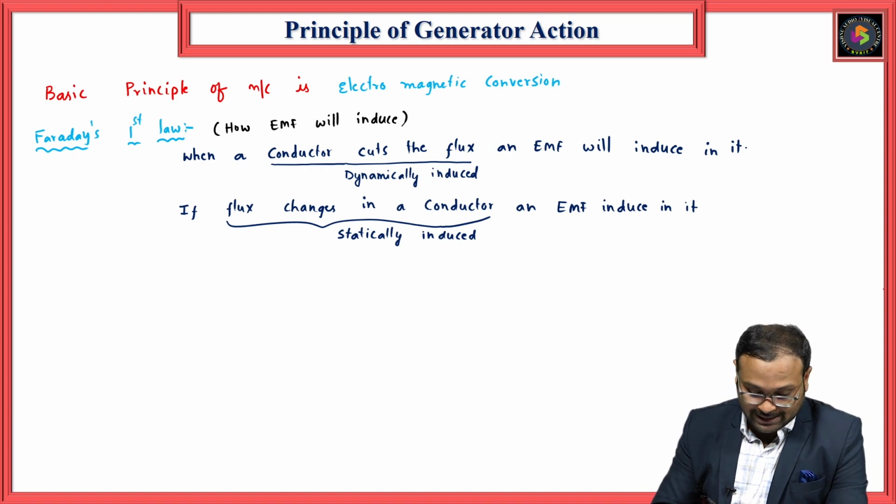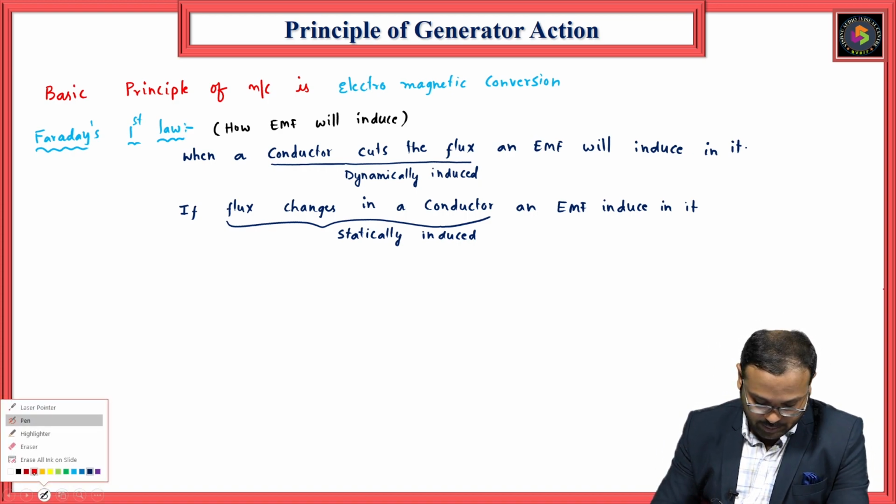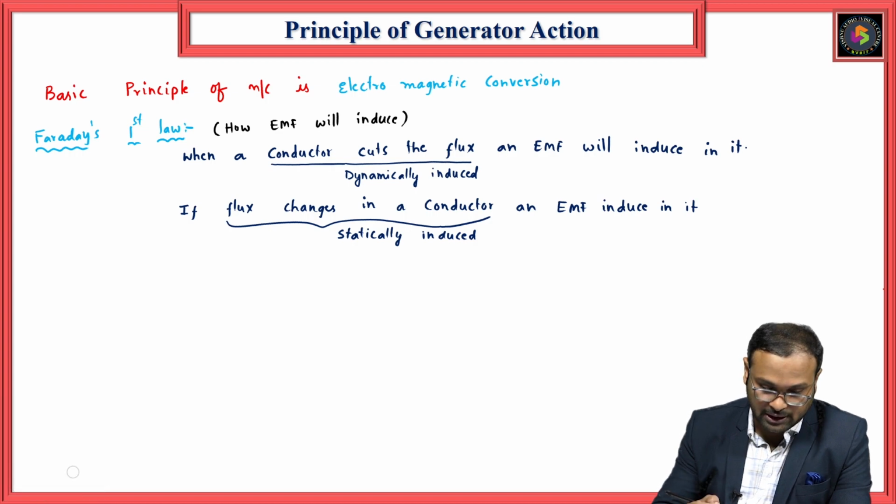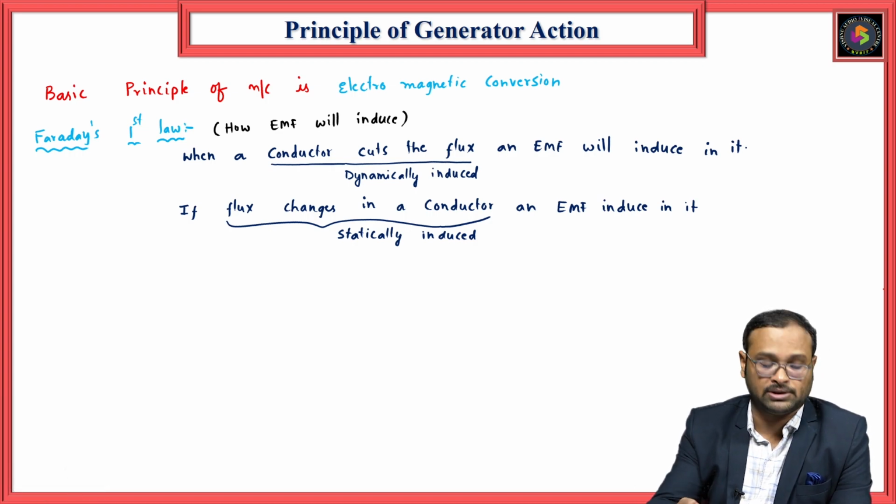Then, what does Faraday's second law say? This is the interesting part in the generator. We have to know how much EMF is generated. We know that EMF is generated, but how much?